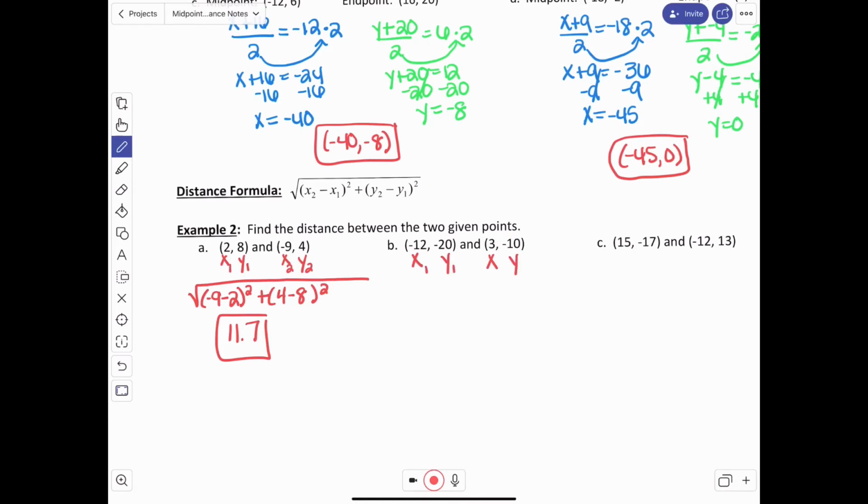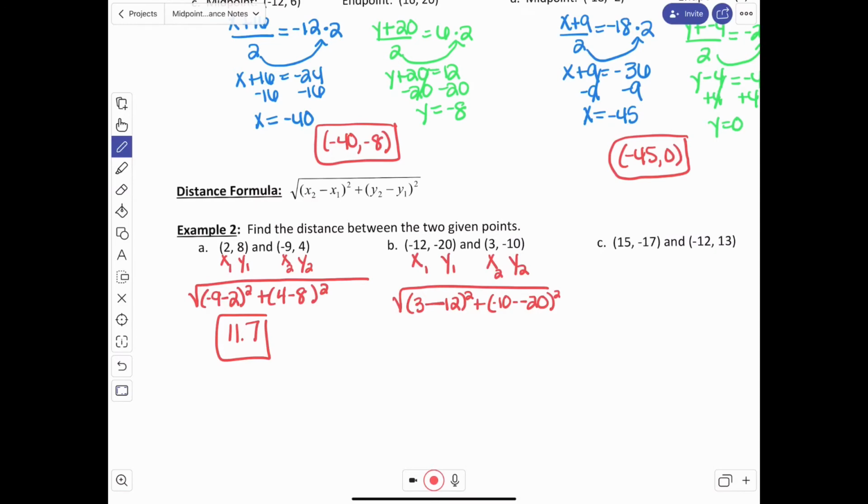All right, so for the next one, we got x, y, x, y. Here's our first set of points, our second set of points, and then we just plug it in. So I have 3 minus -12 plus -10 minus -20. Now, you may want to clean this up. Remember, double negatives turn into a plus.